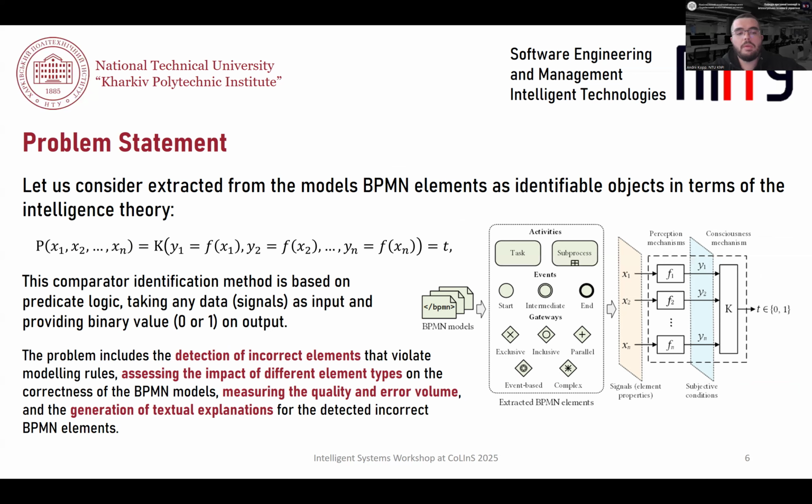So the problem includes detection of incorrect elements that violate modeling rules, assessing the impact of different element types on the correctness of BPMN models, measuring the quality and errors volume, and the generation of textual explanations for the detected incorrect BPMN elements.